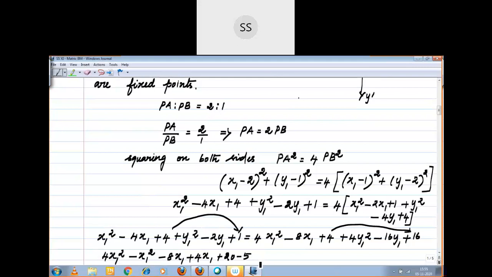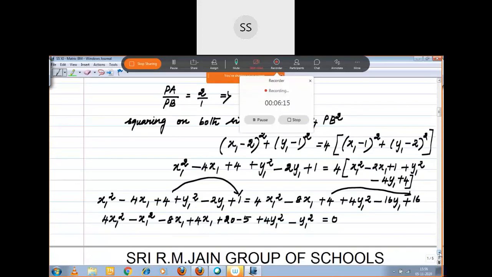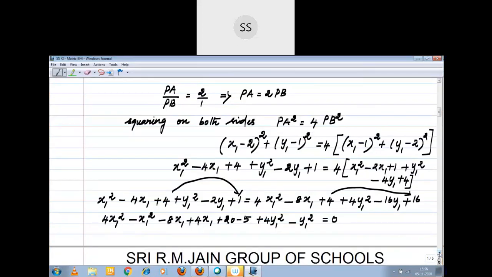Here you see 4 plus 16 is 20, 4 plus 1 is 5, so plus 20 minus 5. For our convenience, I wrote it like this. 4y1 square minus y1 square equals 0.